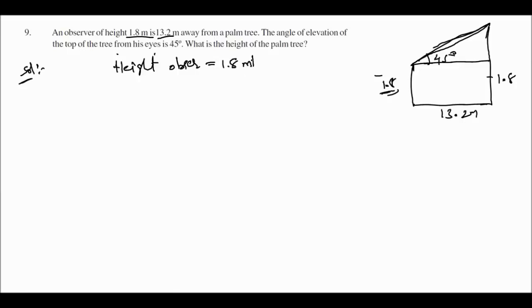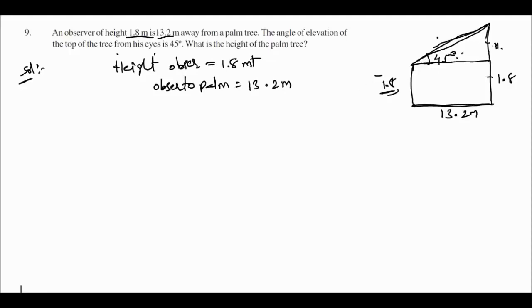And the next one is the distance from observer to palm tree, which is 13.2 meters. So from the figure, we take this as x.